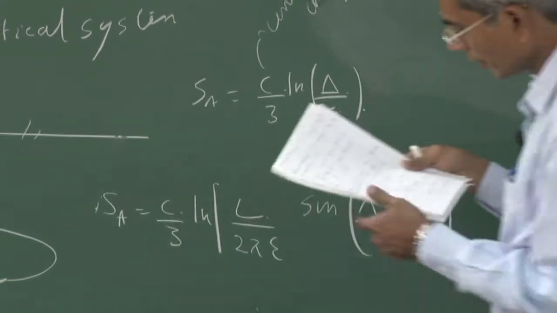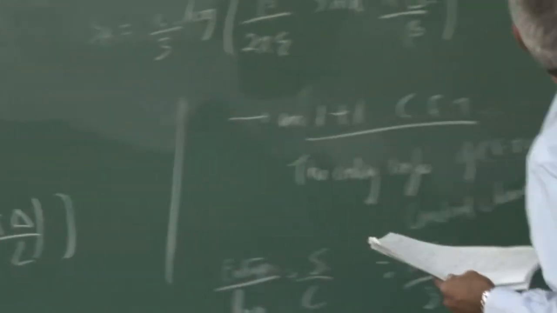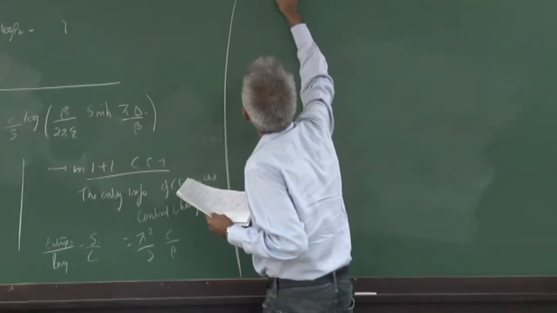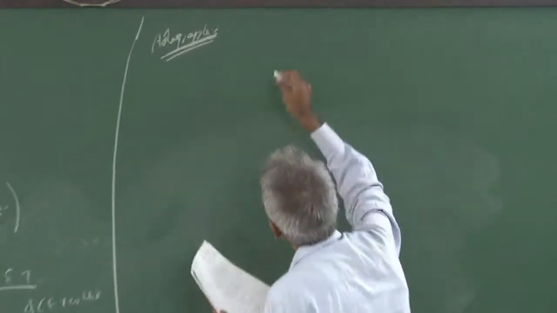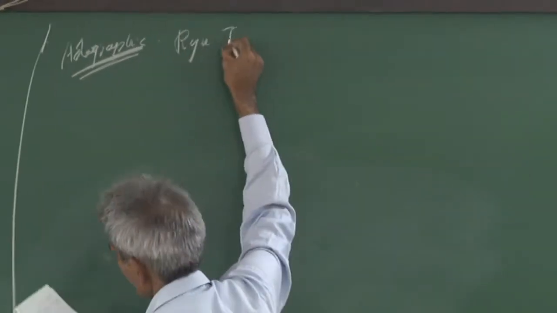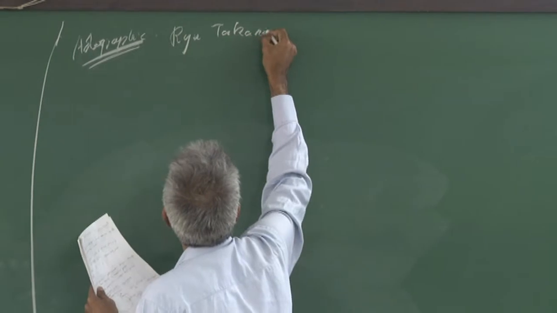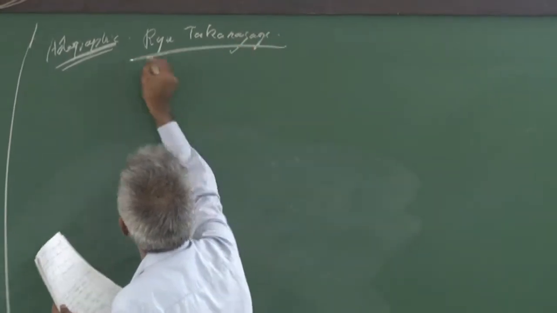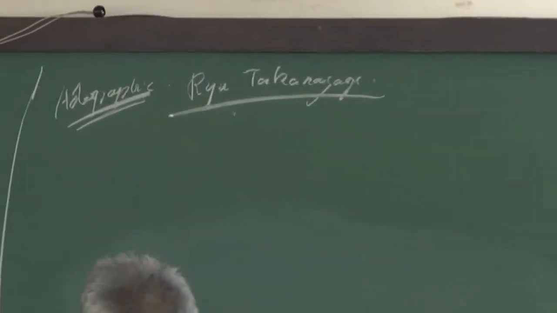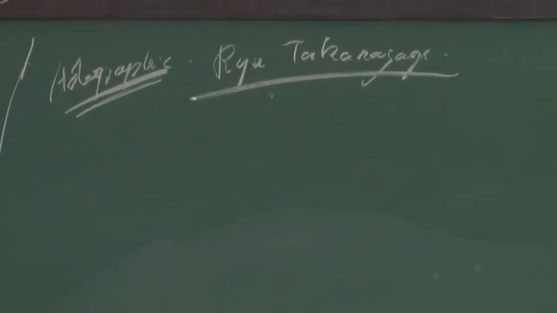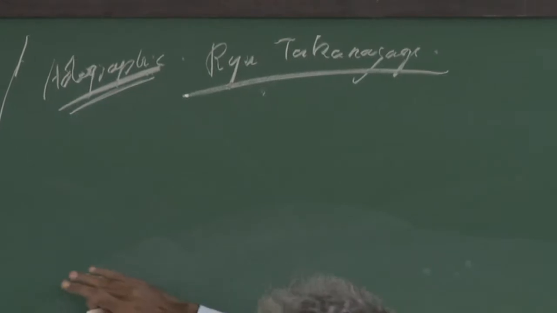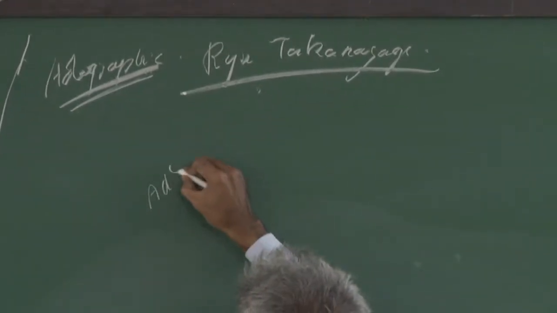So the holographic derivation, or the holographic proposal of Ryu-Takanagi. So again, this is a conformal field theory in 1+1 dimensions, and therefore the bulk is some AdS3 space.